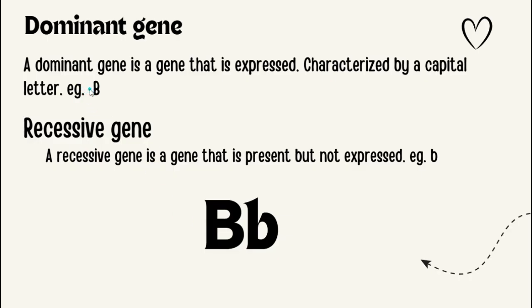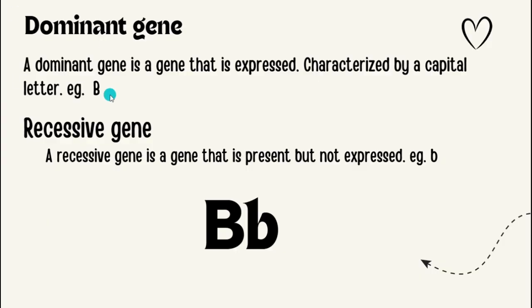I'm going to make it represent black hair, right? But if you get a question, you might see a big R for red flowers, and a little r for white flowers. It depends on the question, it depends on the gene and all that stuff. But in this example, just know that the dominant gene is always the capital letter and the recessive gene is always the smaller, lowercase letter.